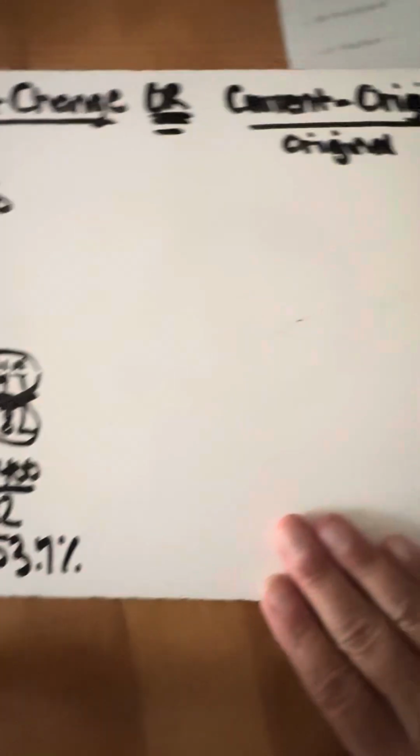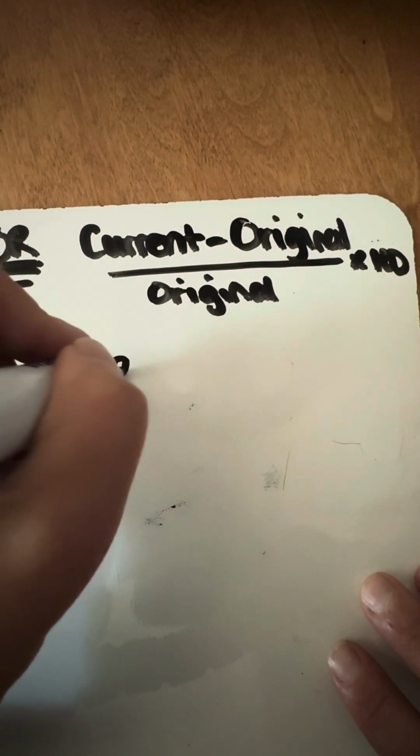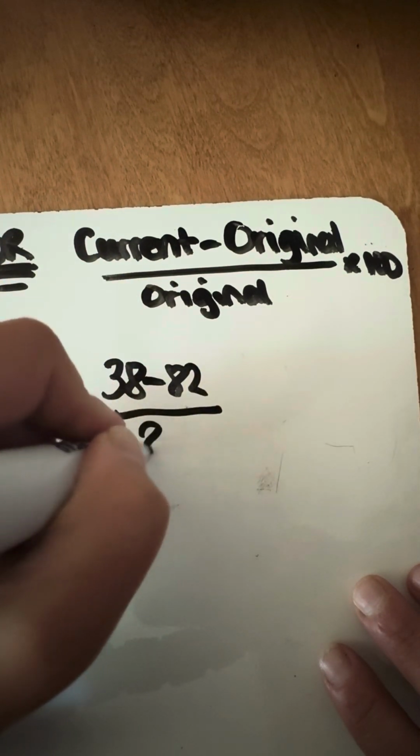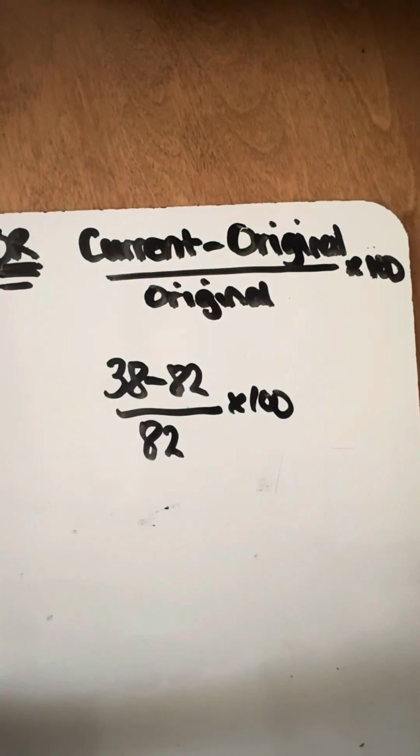Now, this way is the way I always like to do it, and this is how I do all my couponing. When I do my couponing information, you'll see that. So our current amount is the 38, minus what we started with, which was 82. Then we divide by the original and then times it by 100.